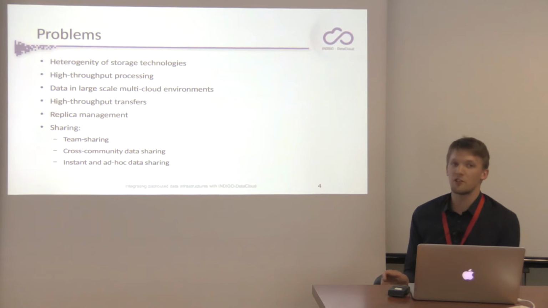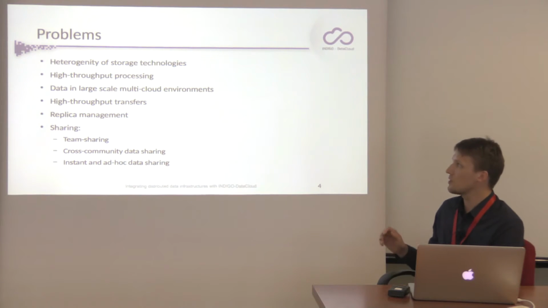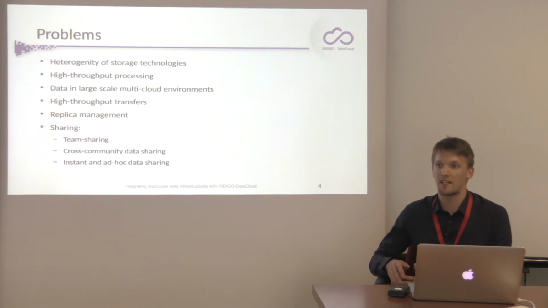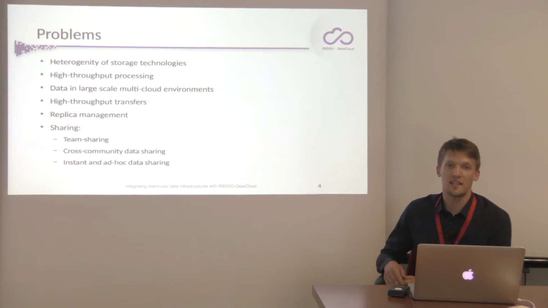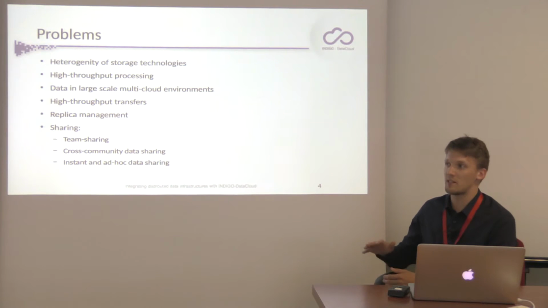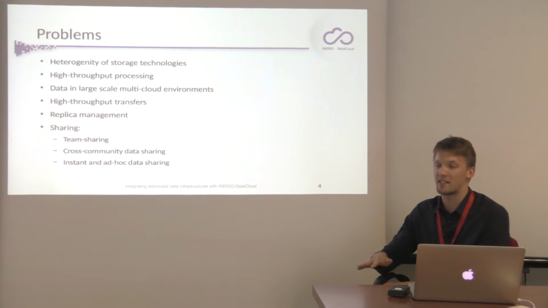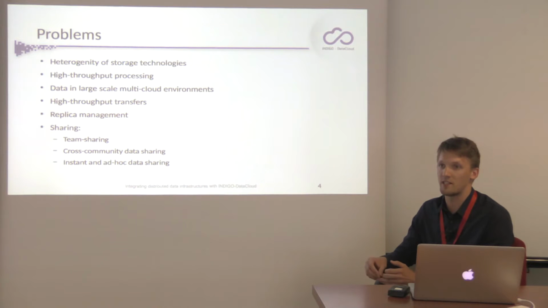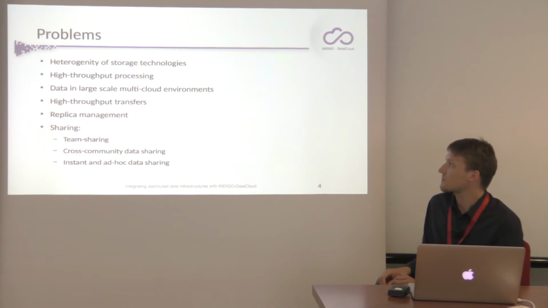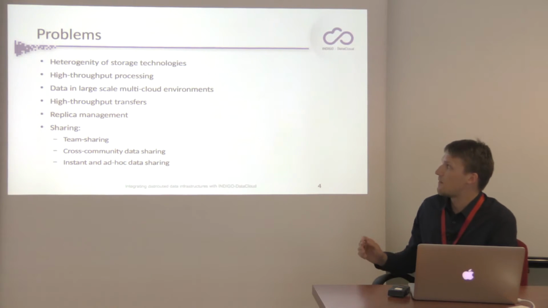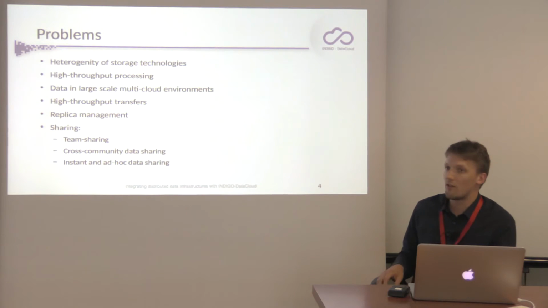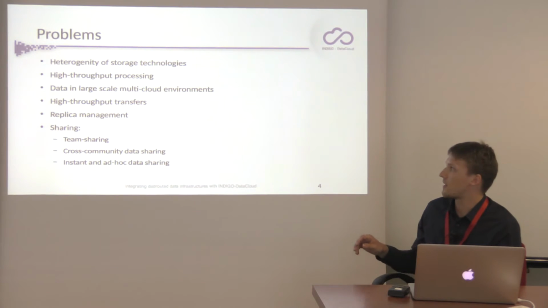So the first version of One Data aimed to unify the access to those different kinds of data storages by providing a common interface with storage helpers underlying the system that can access all of these different storage types. The very important part of the first version of One Data was high throughput processing.